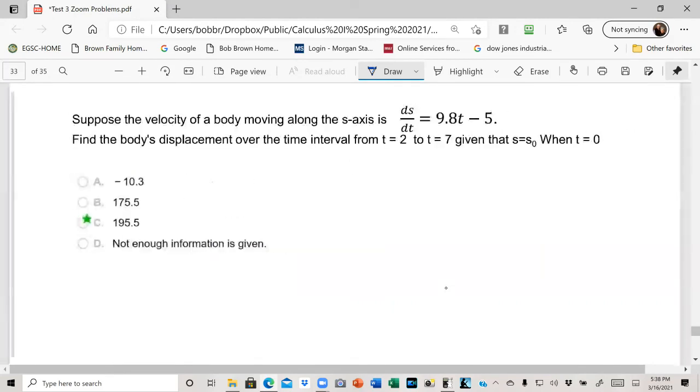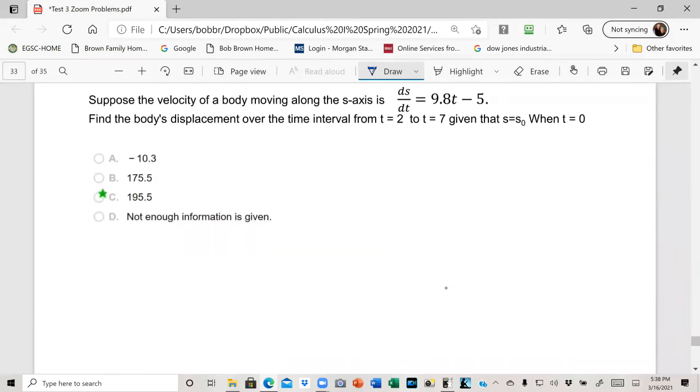Now, pay careful attention to this problem. Okay, we're given the velocity of a moving body along the s-axis is given by ds/dt is 9.8t minus 5 from t equals 2 to t equals 7. And we want to find the body's displacement over the time interval 2 to 7.